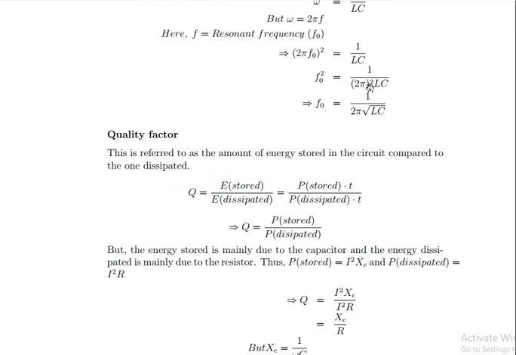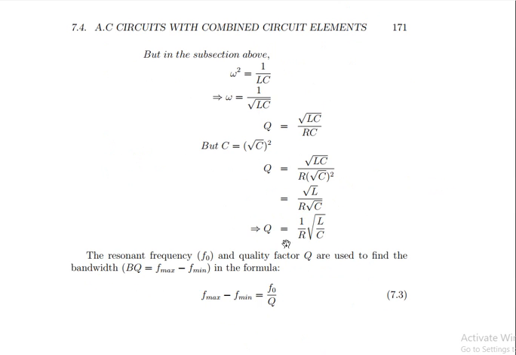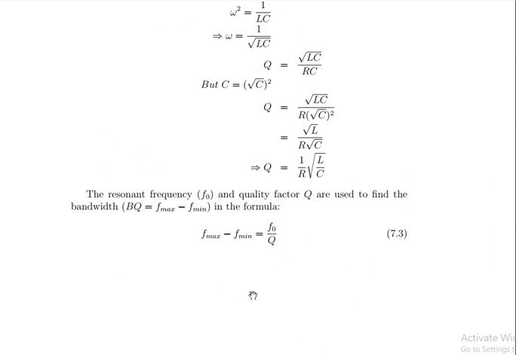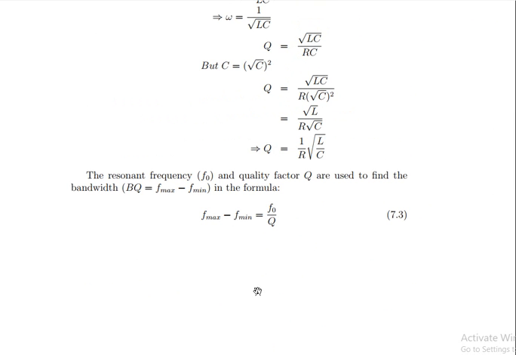If I substitute 1 over 2 pi the square root of LC and divide by 1 over R the square root of L over C, I'm going to find the bandwidth, and that bandwidth is going to be the maximal frequency minus the minimal frequency at which you are going to hear a certain radio signal. So from here we have visualized all the different sections involved with an AC circuit.